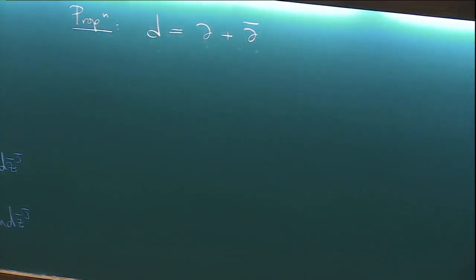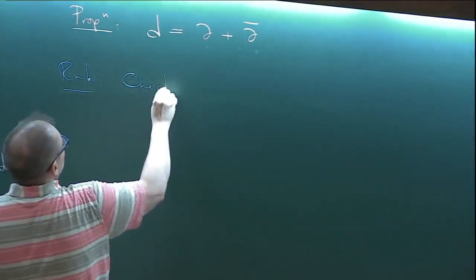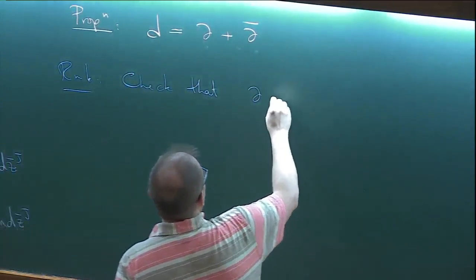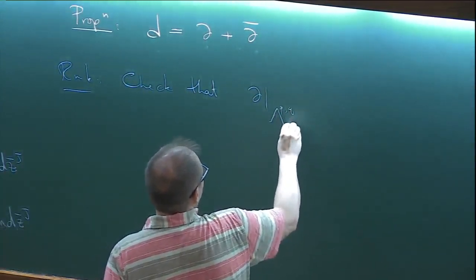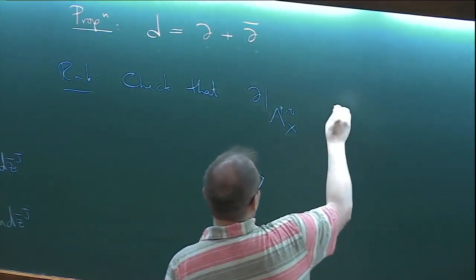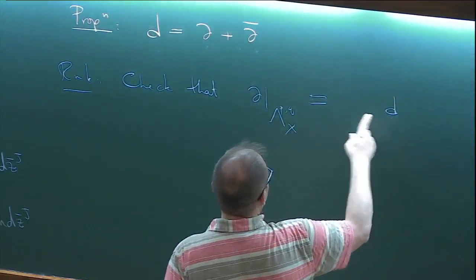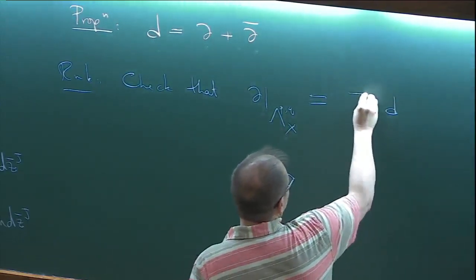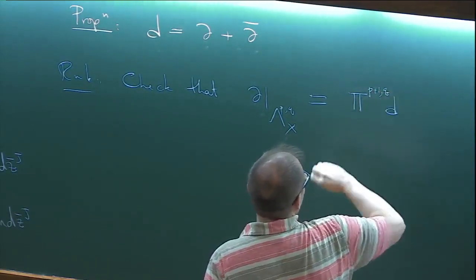You can check, let me make a remark, that this ∂ acting on (p,q) forms is equal to, you take the exterior operator to the (p,q) form, and then you apply the projection to (p+1,q) forms.